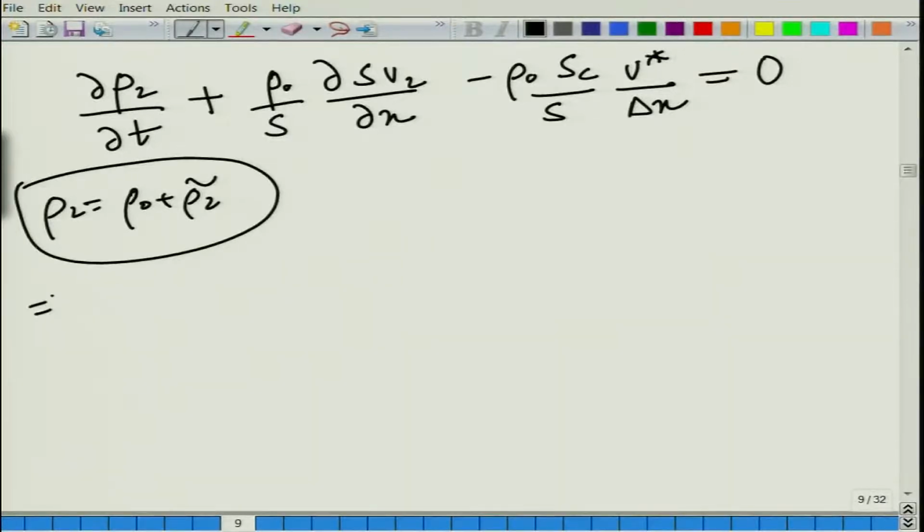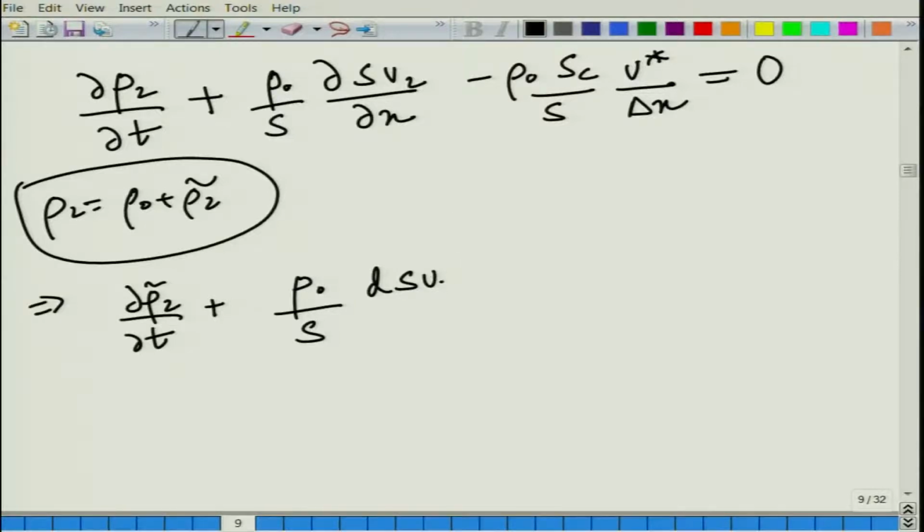Once you do that, you will get rho 2 tilde like this, and because del del t of rho naught is 0, once you simplify the above terms, you will get the following, which is basically rho naught by S into d/dx of S into U2.